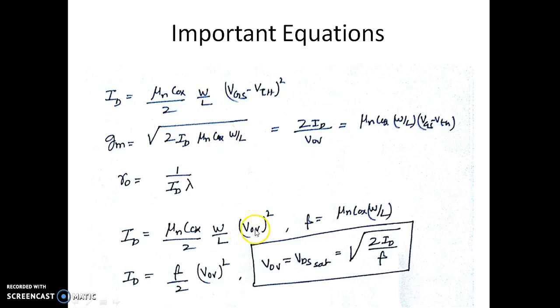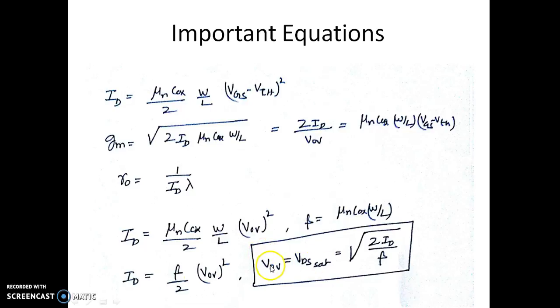Here I am writing VGS minus VTH as the overdrive voltage squared, and we write this mu n Cox into W by L as beta, which is a transconductance parameter. So instead of writing mu n Cox W by L, we are writing it as beta, so it is beta by 2.